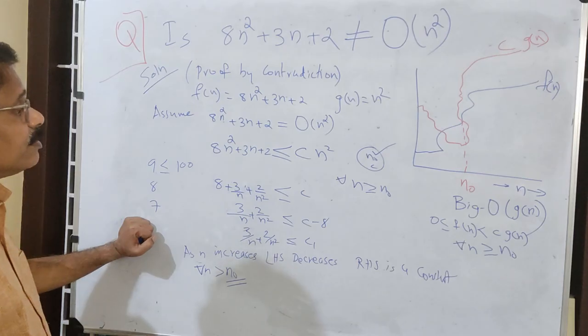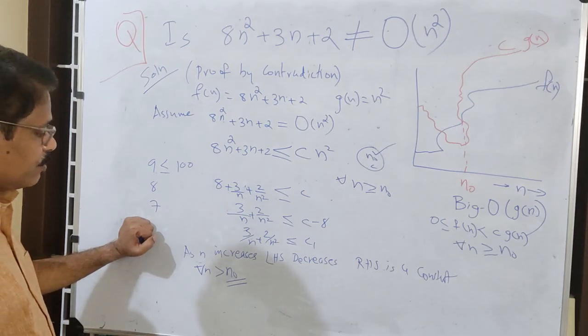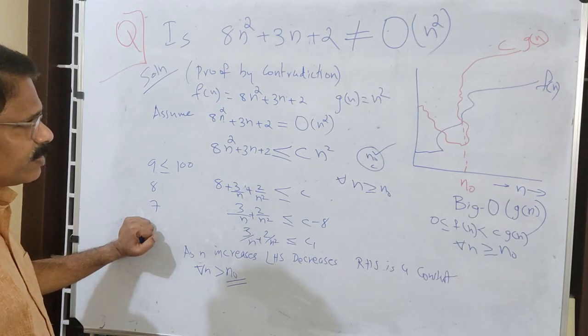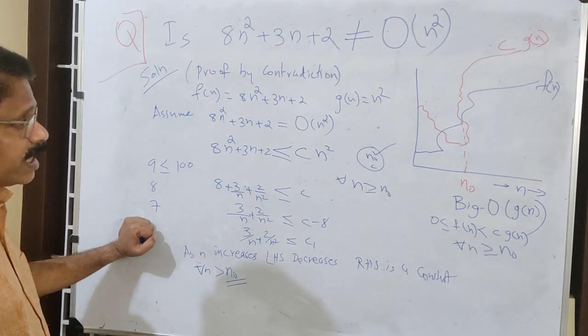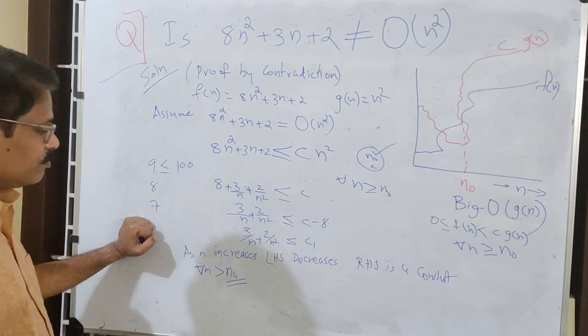So we have a c and we have n0, and this condition f of n less than or equal to c into g of n holds for all values of n greater than or equal to n0.